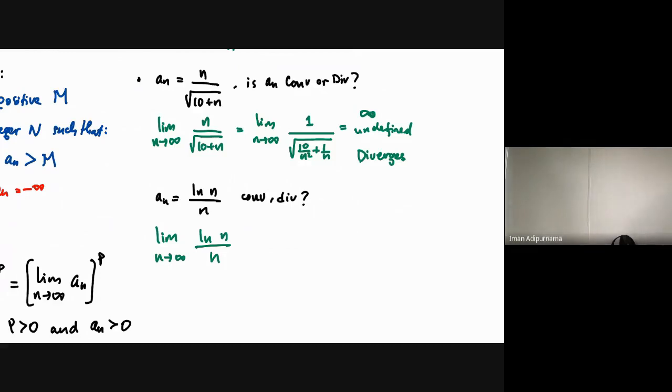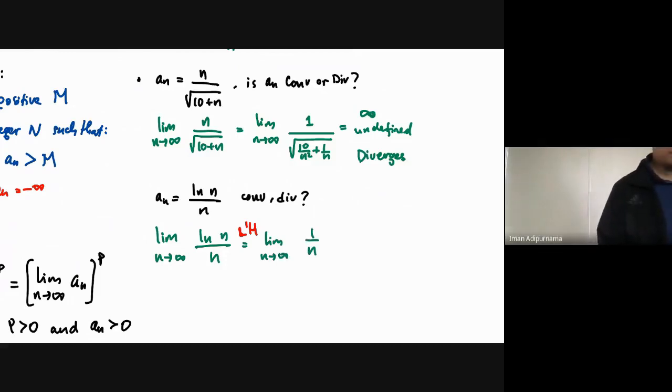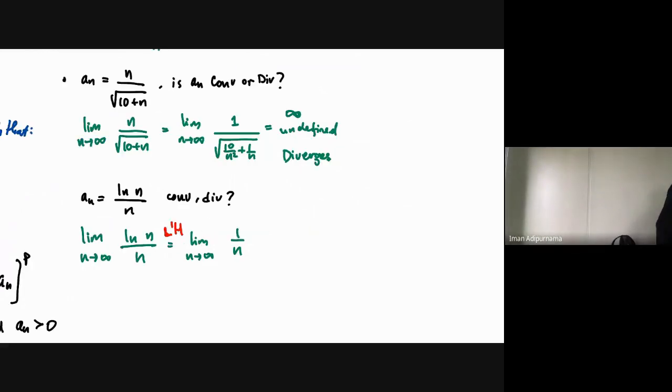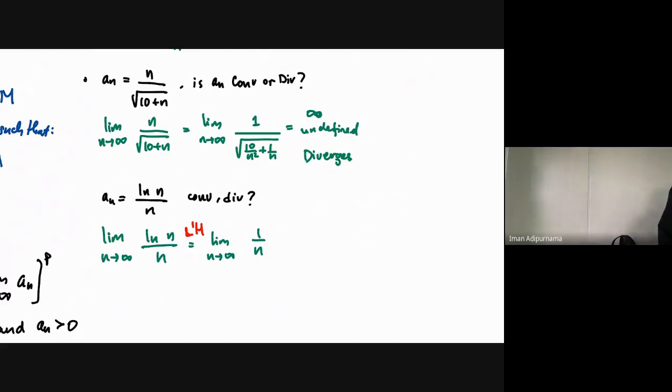One way to solve indeterminate forms is using L'Hopital's rule. You just need to differentiate the top one and differentiate the bottom one. Okay. And do L'Hopital here, and limit. It will be 0.